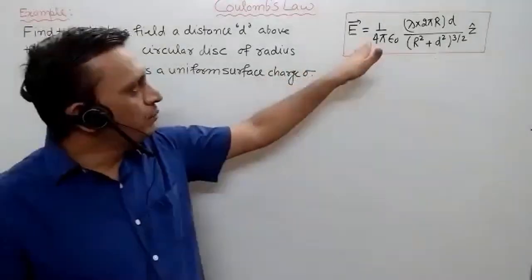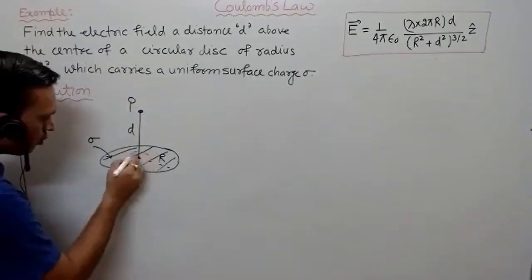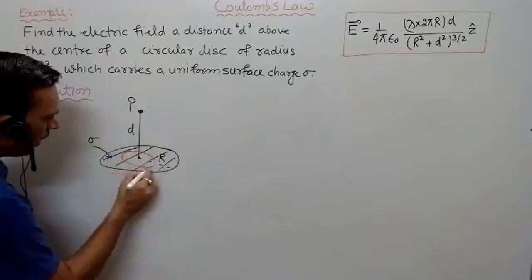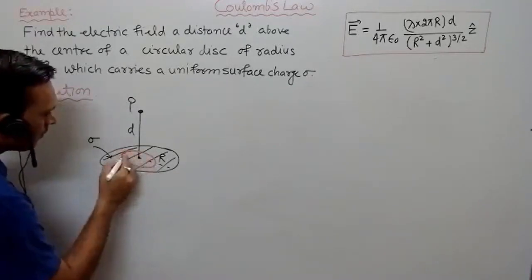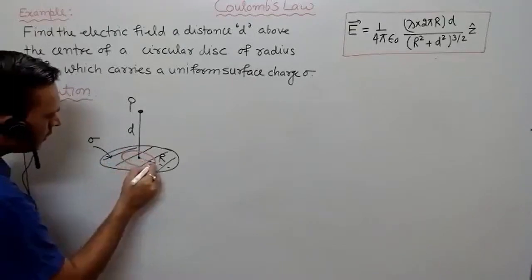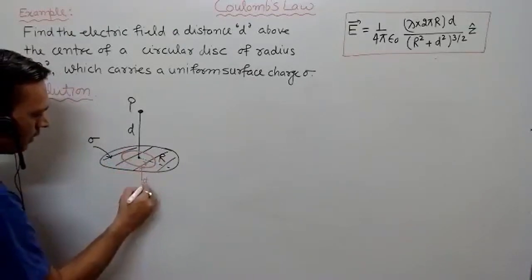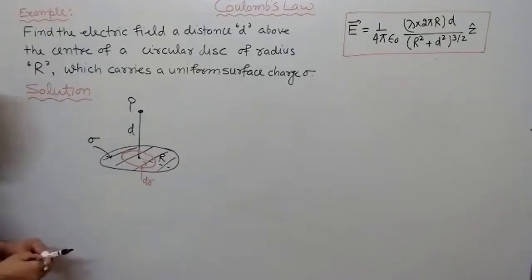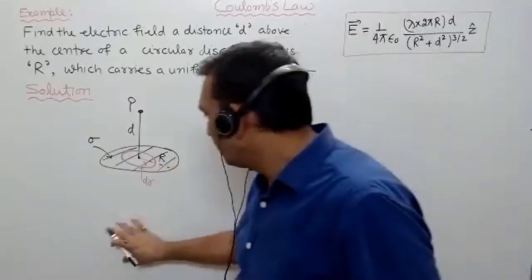So now we will use field due to ring. Let us draw an elemental ring of radius small r, and thickness dr. So consider an elemental ring.